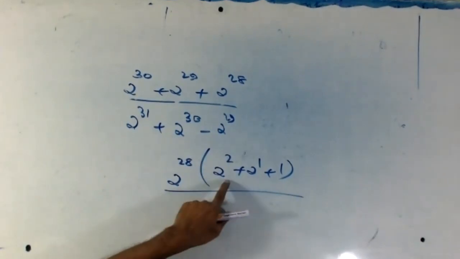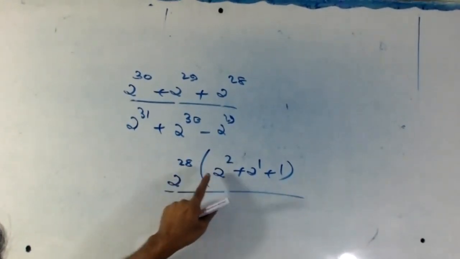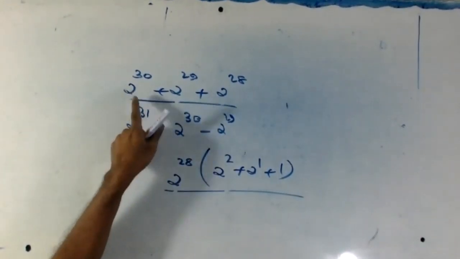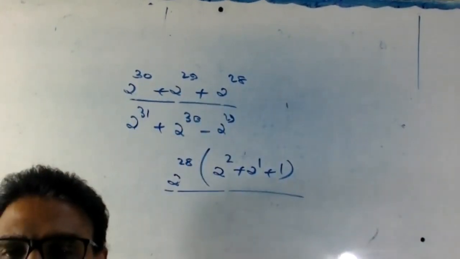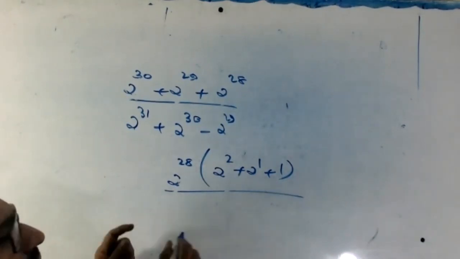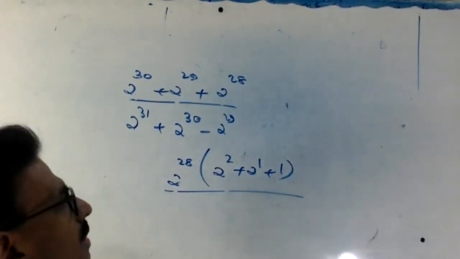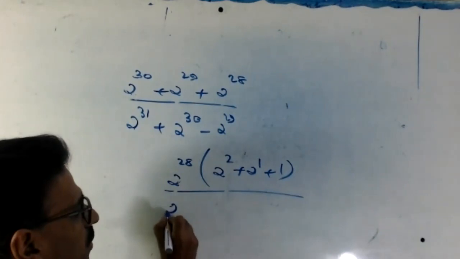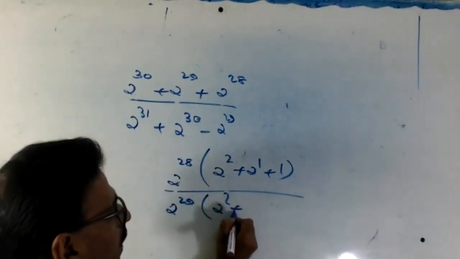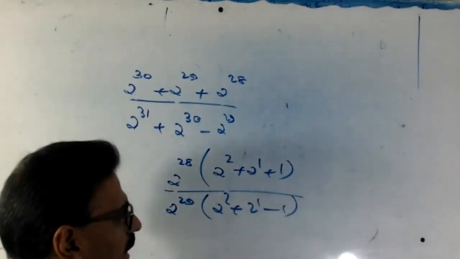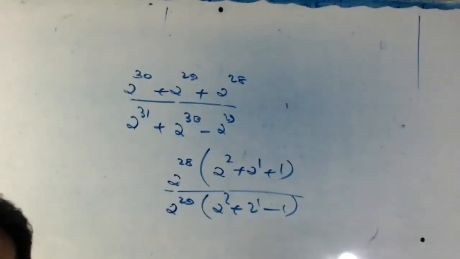Balance: when you open 2 raised to 28 into 2 square, 30 here, no change. 28 plus 1 is 29, this is multiplication. Then here 2 raised to 29 outside: 2 square plus 2 raised to 1 minus 1. Is it clear? Anyone have a doubt? Tell me now.